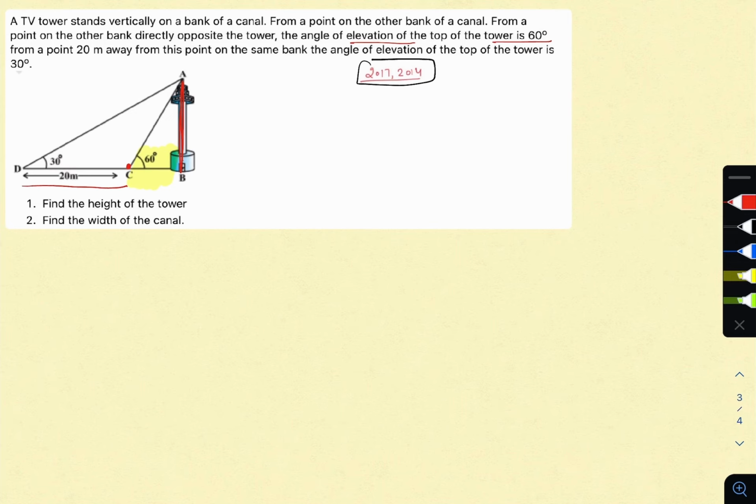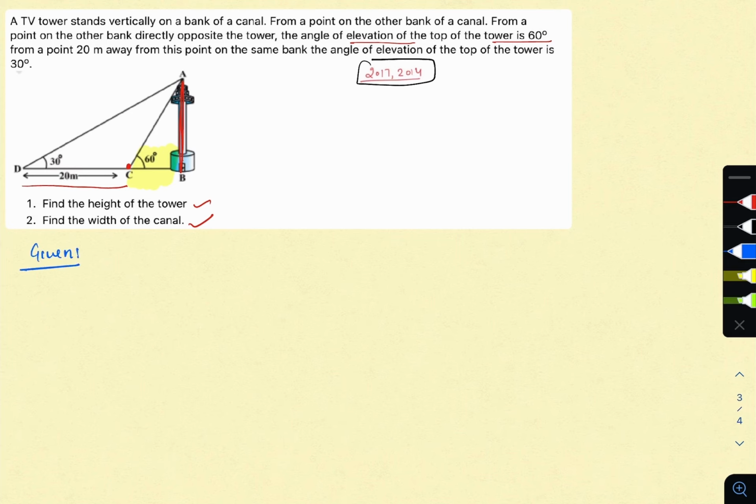Next, what we have to find: there are two parts. Find the height of the tower and the width of the canal. So let's start. As usual in all questions, if possible we will write the given things. Here the figure is already given, but we will still construct this figure in the answer sheet and start with the given.